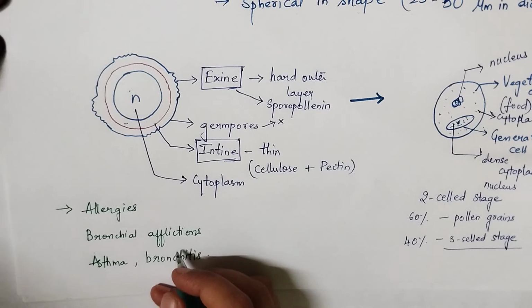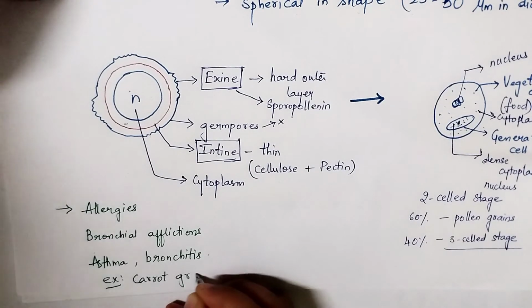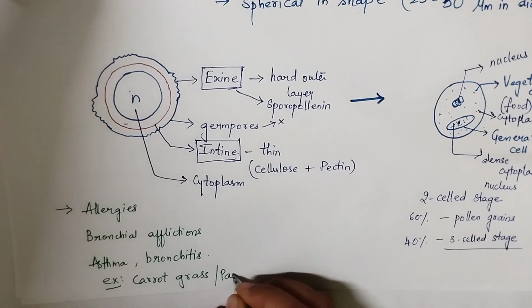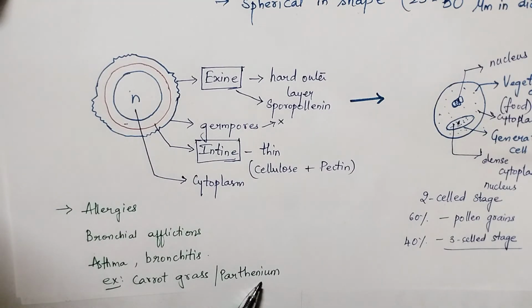A common example is carrot grass, which we otherwise call Parthenium. This came to India as a seed contaminant with imported wheat and caused pollen allergy. It was not present here before.